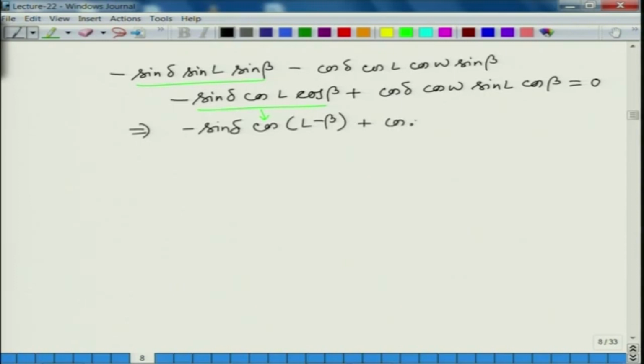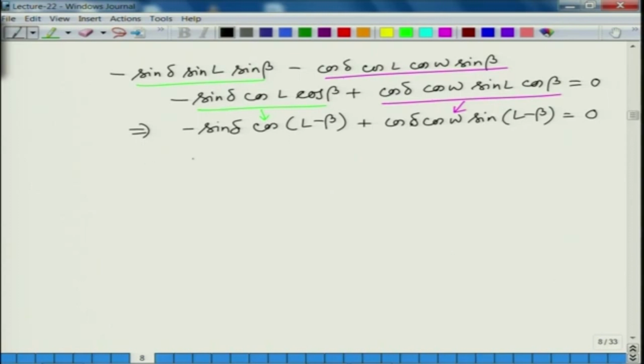The other two terms, if you take cos delta and cos omega common, give you sin of L minus beta, and that will be equal to 0.